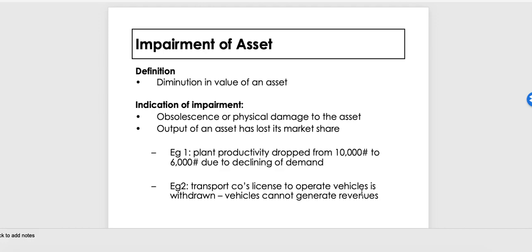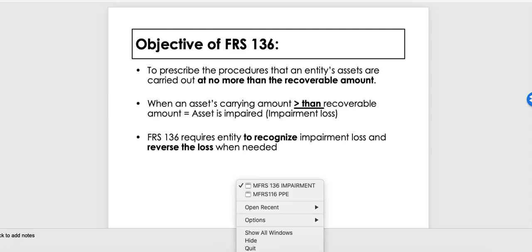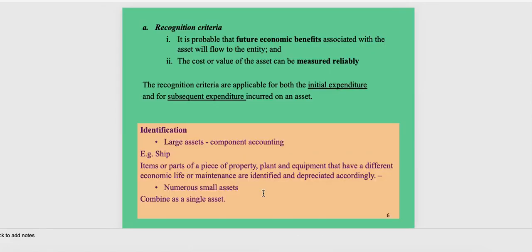If you still remember when you did your PPE, there are two recognition criteria that you need to fulfill. The first criterion is that there is a probable future economic benefit flowing into the entity.